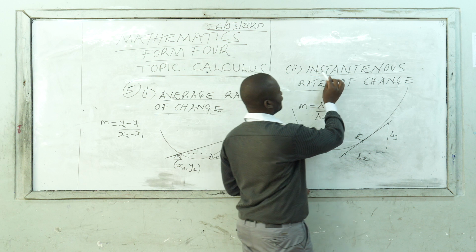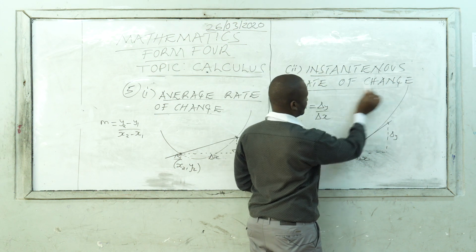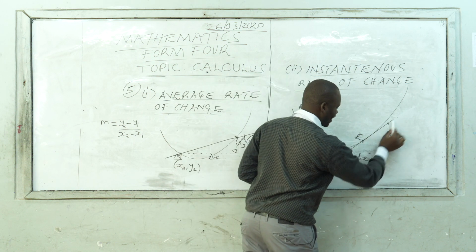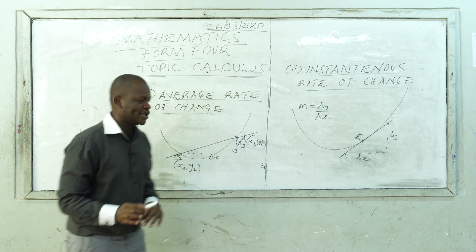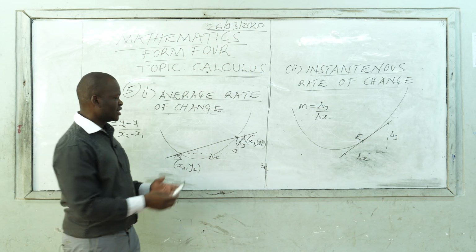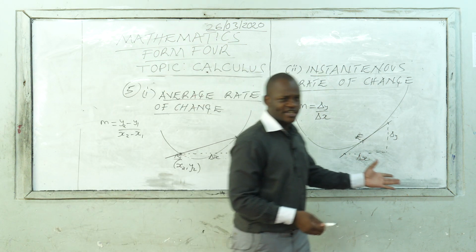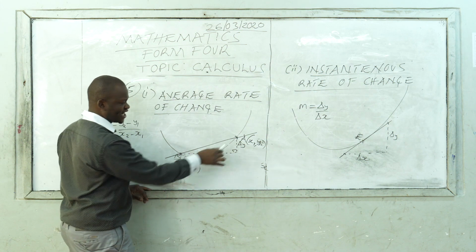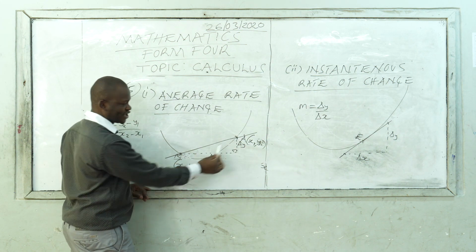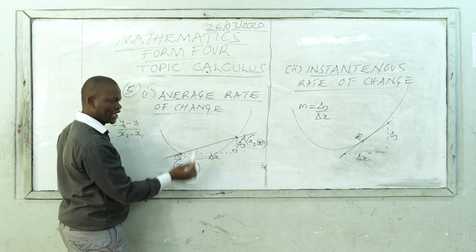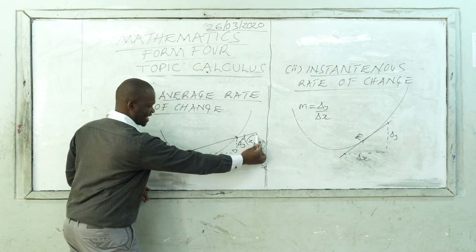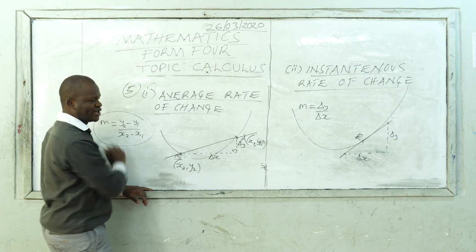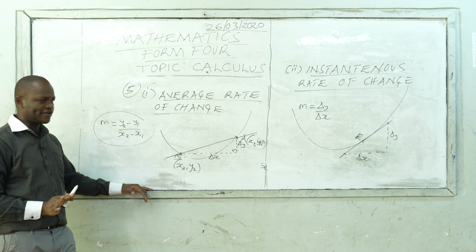In the case of instantaneous rate of change, I'm dealing with a single point on that curve. Number two, the key difference is in how you obtain your rate of change. Here, I join the 2 points with a straight line, then find the gradient of that line joining the 2 points. It gives you the average rate of change.